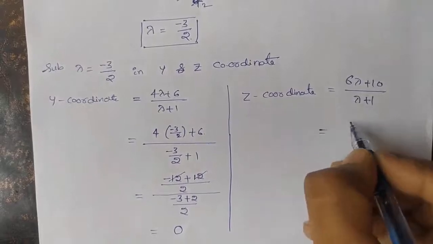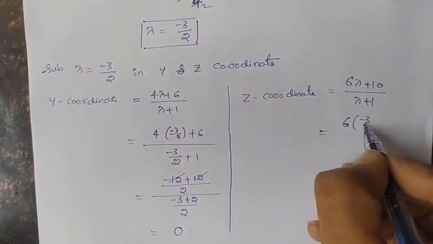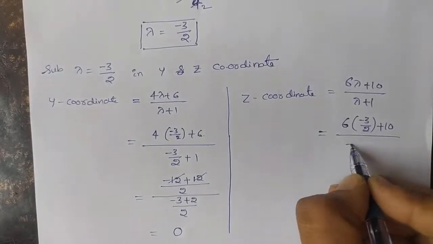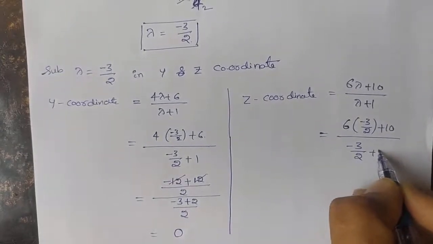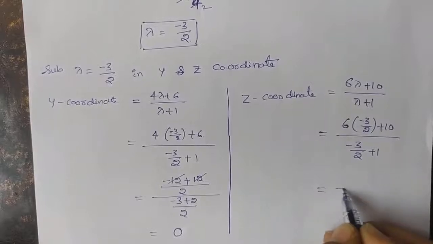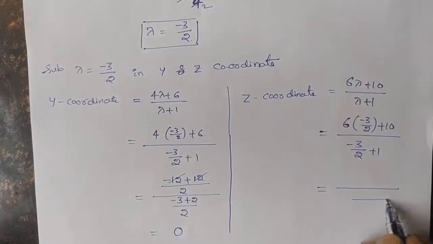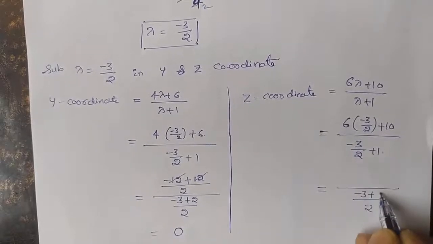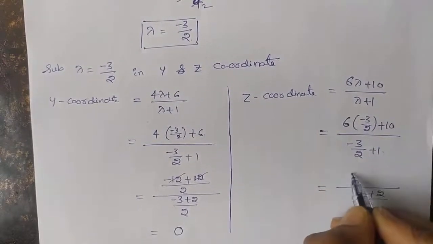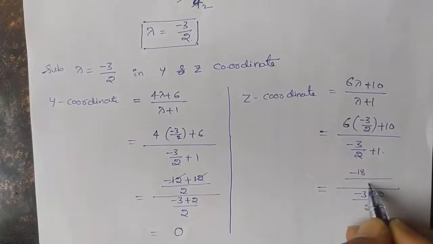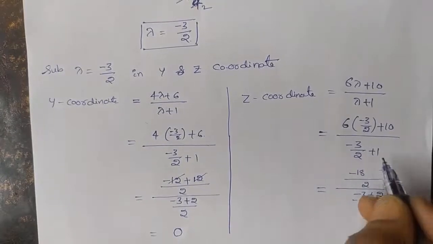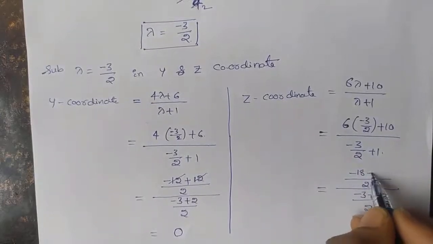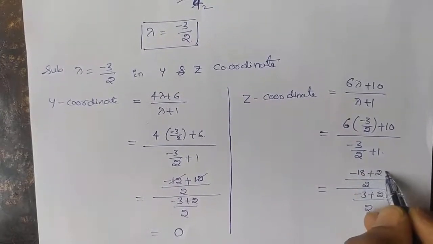Next, the z coordinate: (6 into minus 3 by 2 plus 10) divided by (minus 3 by 2 plus 1). In the denominator the LCM is 2, minus 3 plus 2 is... Numerator: 6 into minus 3 is minus 18, plus 2 into 10 is 20.